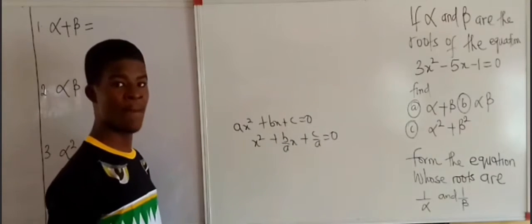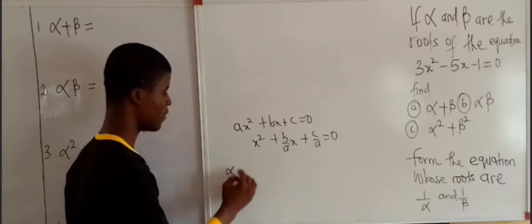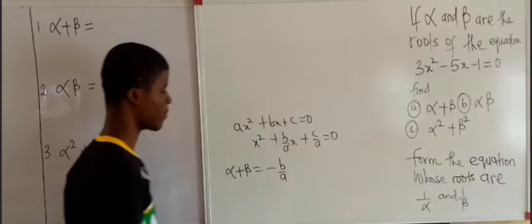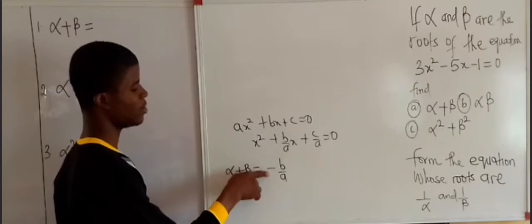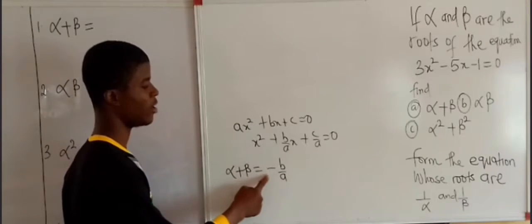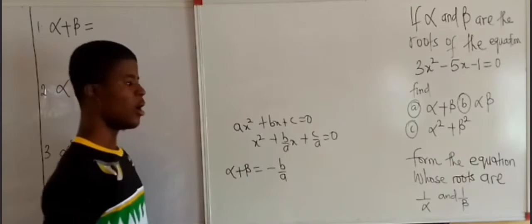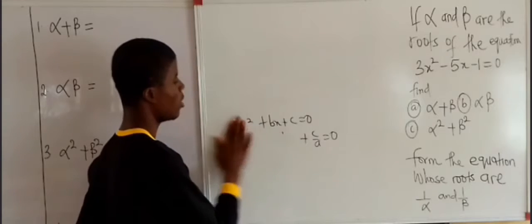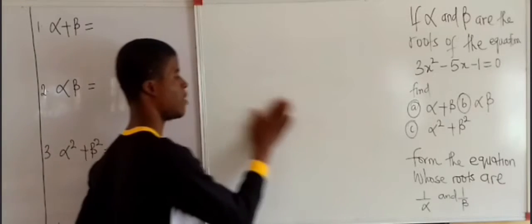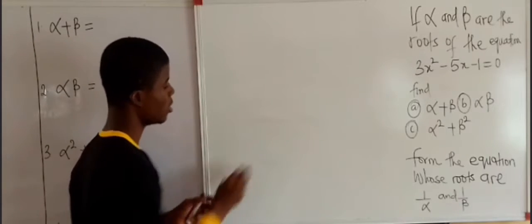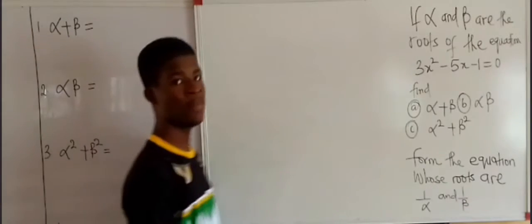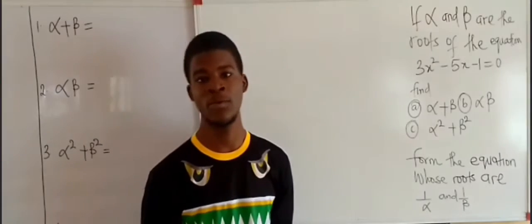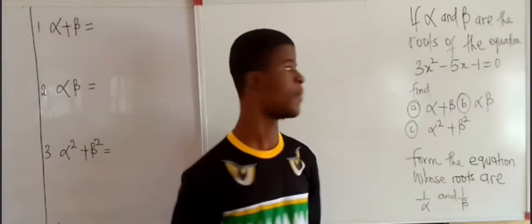And I said if alpha and beta are roots of this equation, alpha plus beta is equal to minus b over a. Now you ask me why I have negative here and positive here. Why the difference? It is actually true, but the proof of this is beyond the scope of this lesson. So we are not going to concern ourselves with the proof of that, but how to apply it.